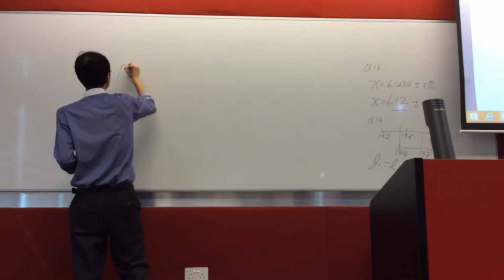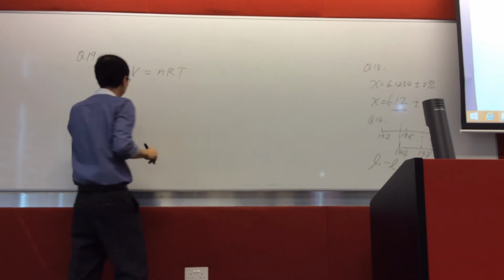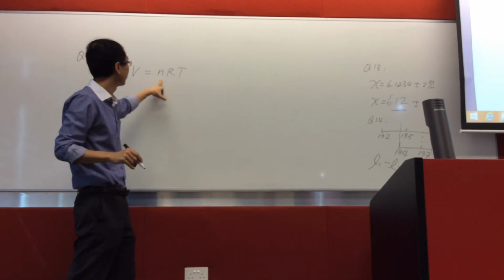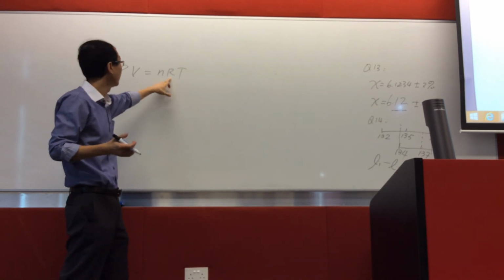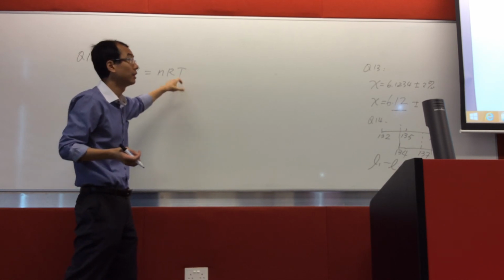Ideal gas law basically is PV equals nRT. So P is the pressure, right? V is the volume, n is the number of moles for the gas, R is the constant, and T is the temperature in Kelvin. So that's the ideal gas law.